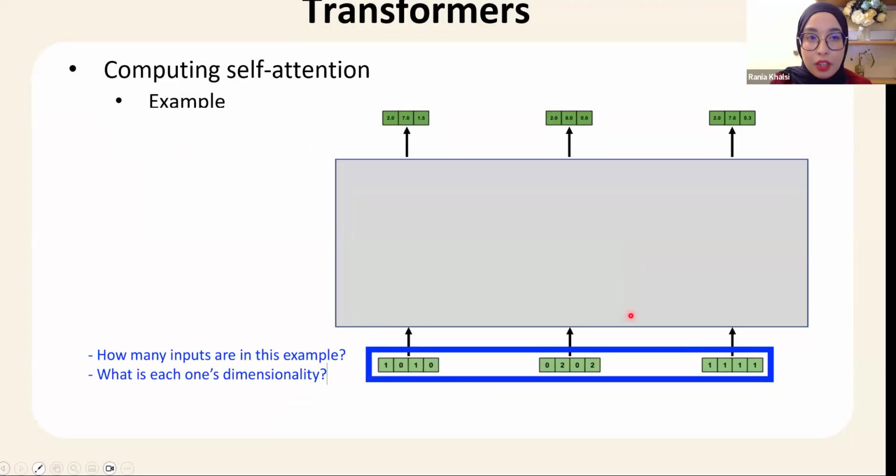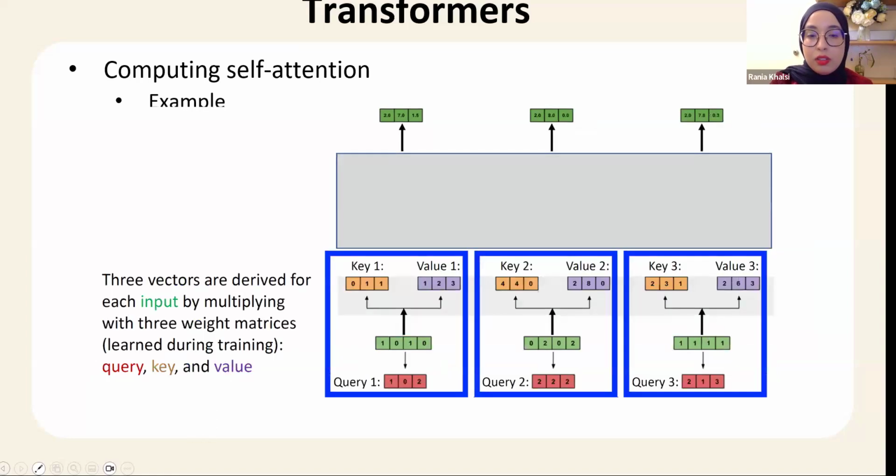So we have 3 tokens, and each token has dimension 4. It's straightforward to see. For each input vector, we have 4 components. Okay, now what we will see is the self-attention computation.